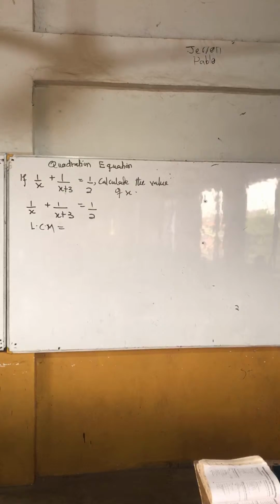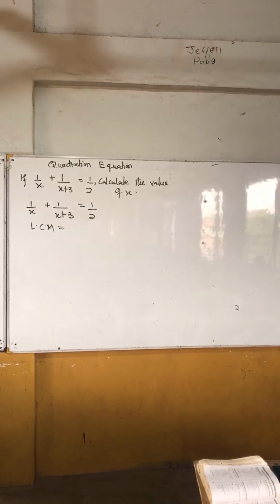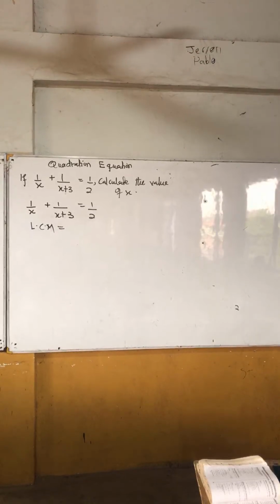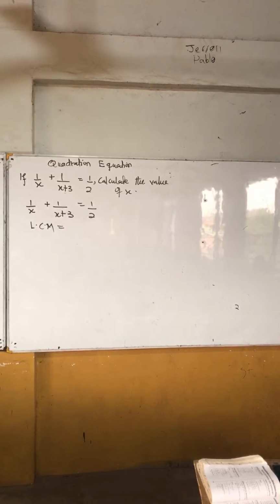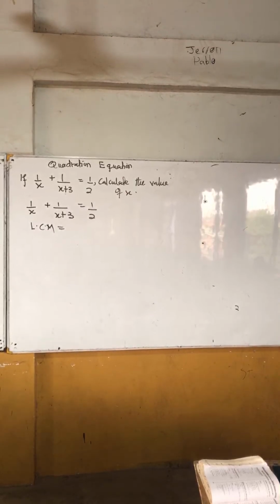X. He's not X alone, no. X plus 3 plus 2. X plus 3 and 2. Yeah, the one beautiful lady at the back was able to give us the LCM.